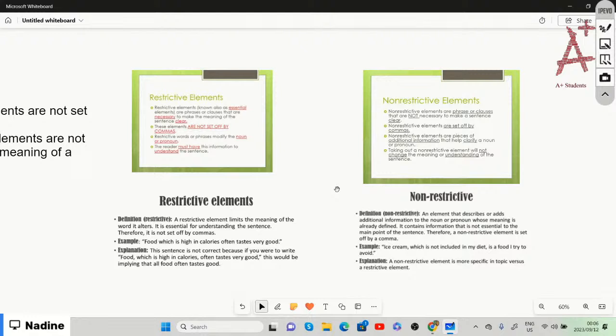If you were to write food, which is high in calories, often tastes very good, this would imply that all food often tastes good, right? So in this case, where it says food which is high in calories often tastes very good, it is specifying that the foods that are high in calories often taste good. It is not implying that all foods taste good, right?